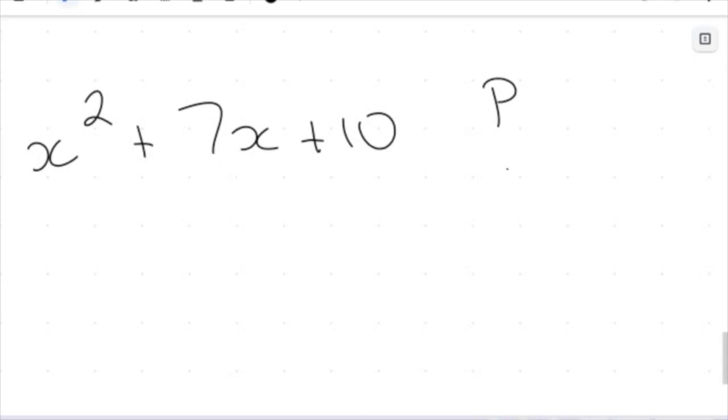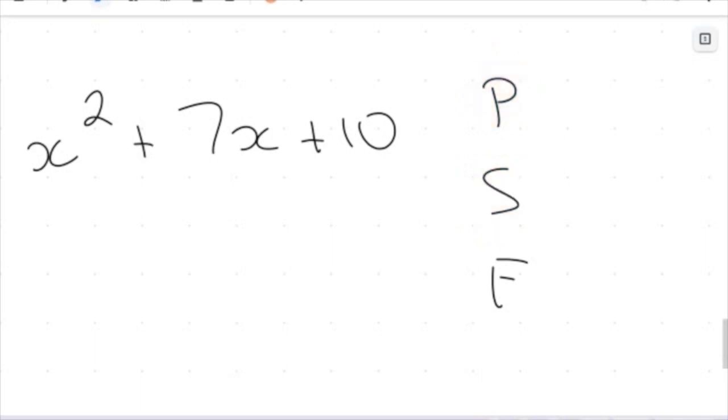So if I write out my quadratic expression here, we want to find this bit down here, those two numbers. And we do that by considering the product, that's what P stands for, and the sum, that's what the S stands for.